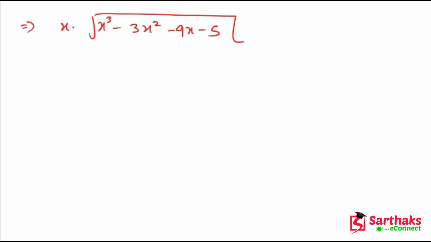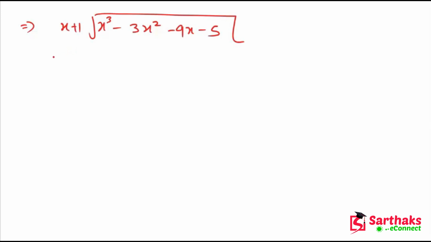Let's do that. So we have x cube minus 3x square minus 9x and minus 5, and now we have to divide it by x plus 1.